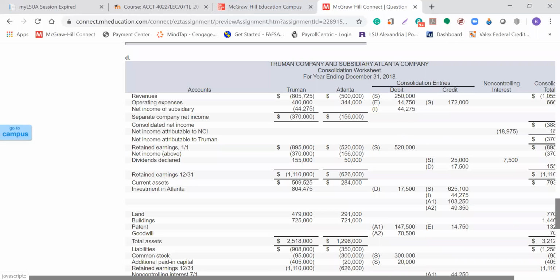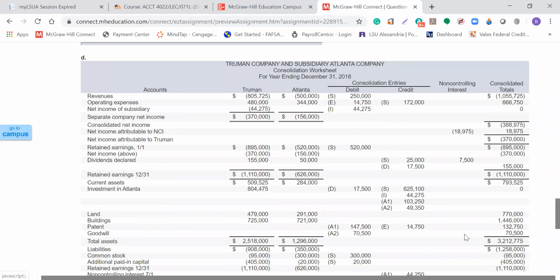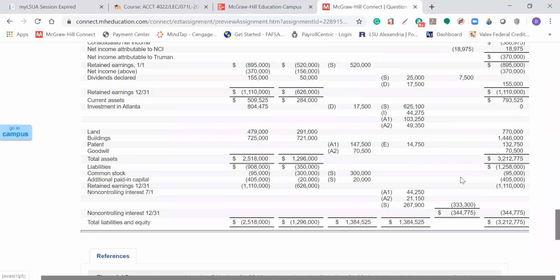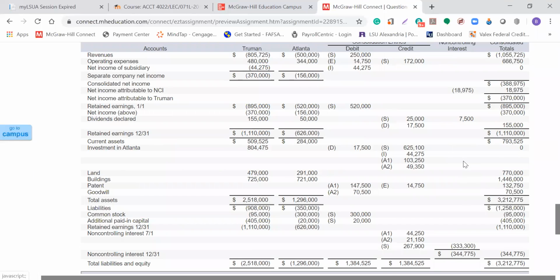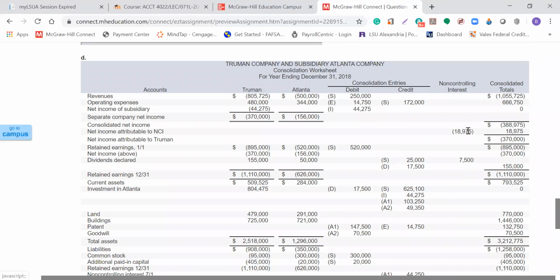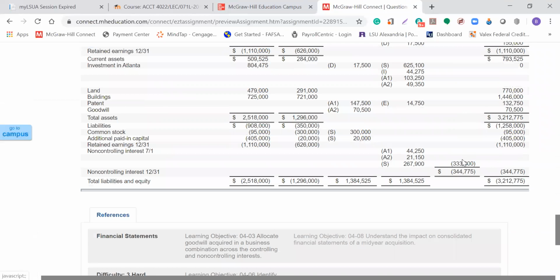In doing so, we have net income attributable, dividends declared to the non-controlling interest, and the total to give you your non-controlling interest as of 12/31 to get your consolidated totals.